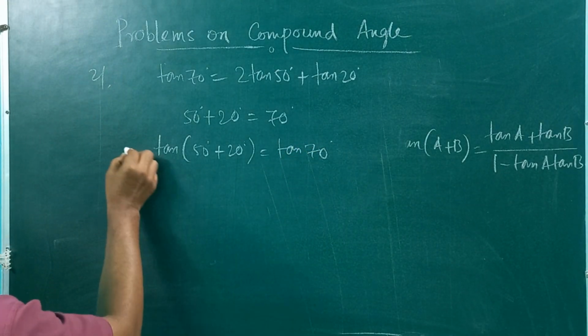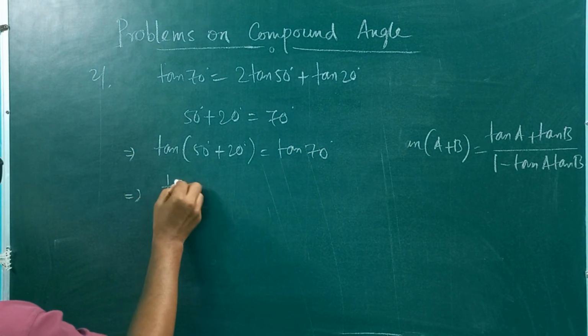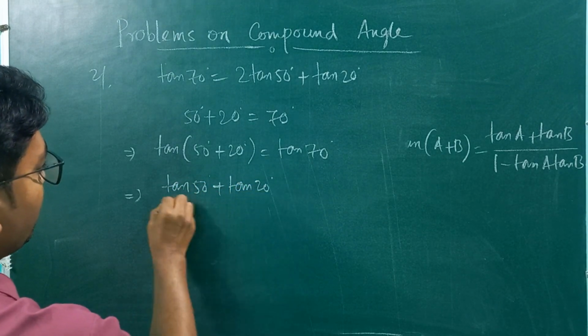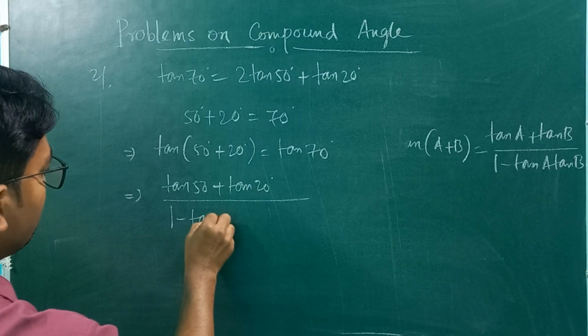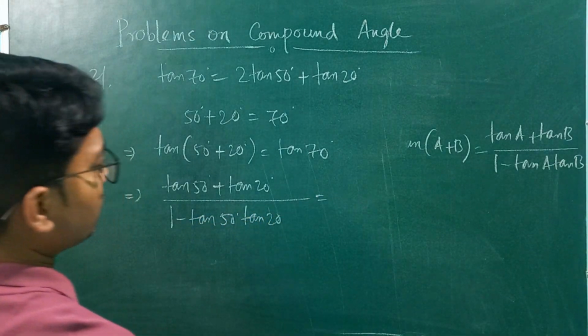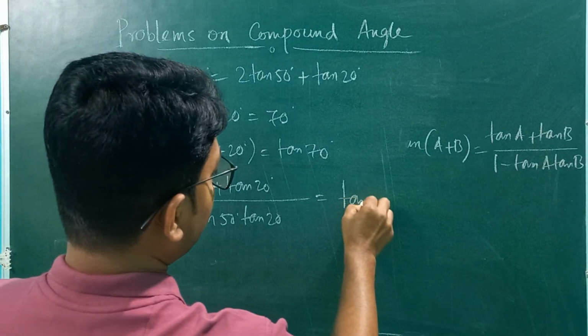Then you break the left hand side: tan 50 plus tan 20 over 1 minus tan 50 tan 20 equal to tan 70.